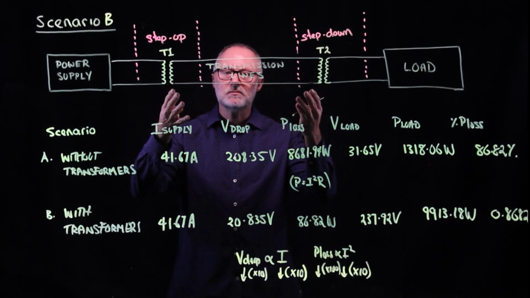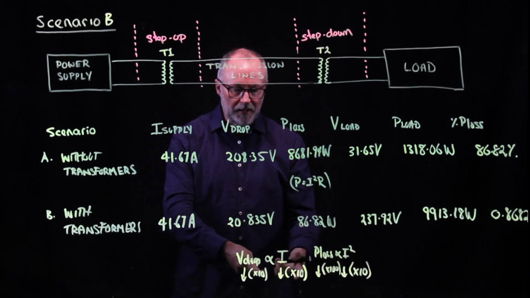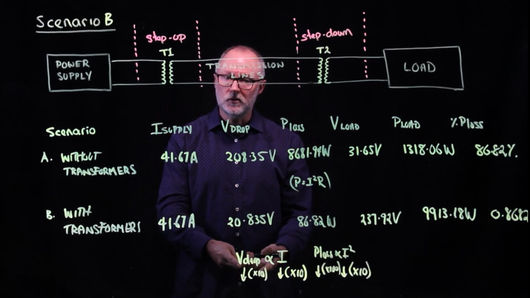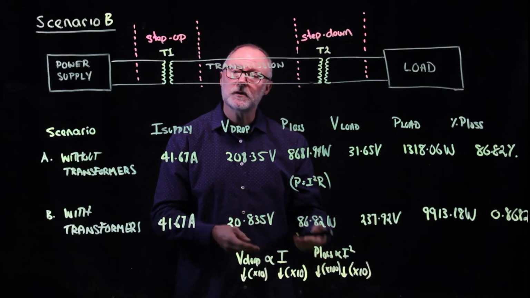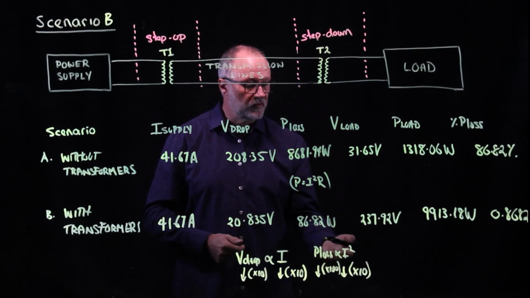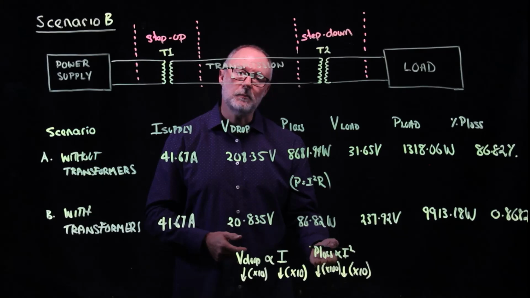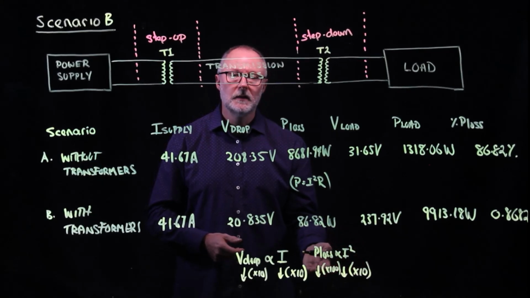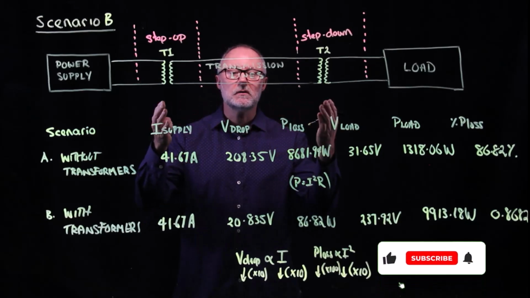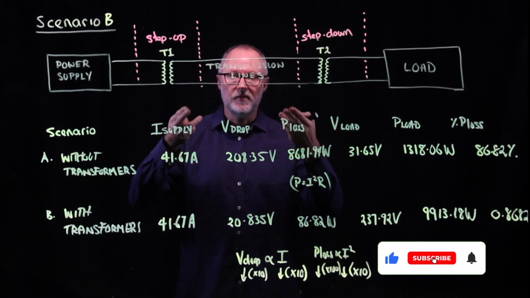Low current in the transmission lines will directly reduce our voltage drop, and the power loss in the transmission line is proportional to the current squared. So reducing it by a factor, say, of 10 will reduce the power loss by a factor of 100. It is optimal to transmit over long distances at high voltage and therefore low current.